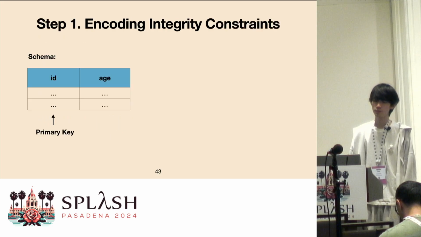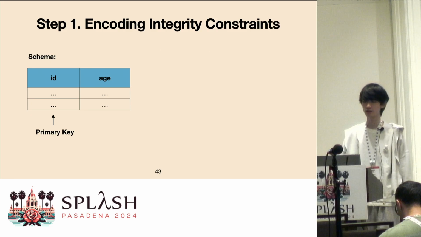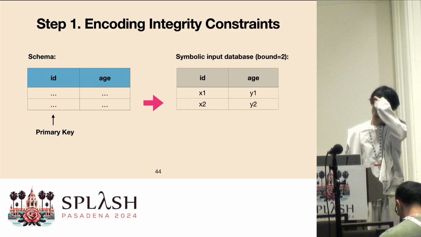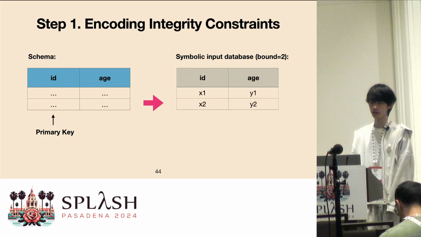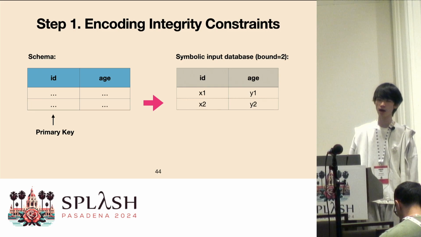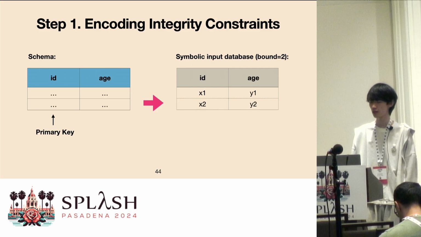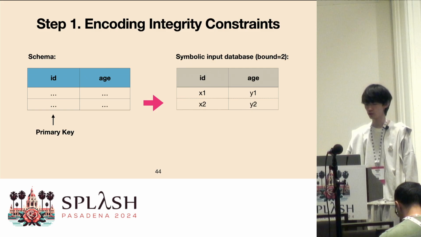And VeriEQL will begin by encoding the integrity constraint. And in this case, we want to encode a primary key constraint on the ID column. To represent this, we'll first create a symbolic database. And for our example, let's consider a bound of 2, which means we'll consider all possible input tables with up to 2 rows.